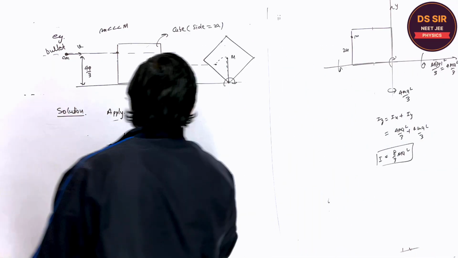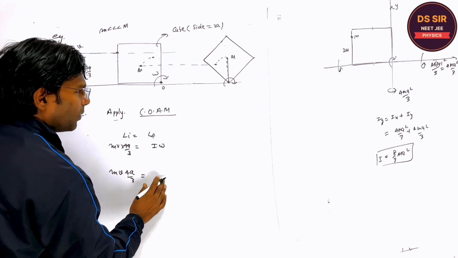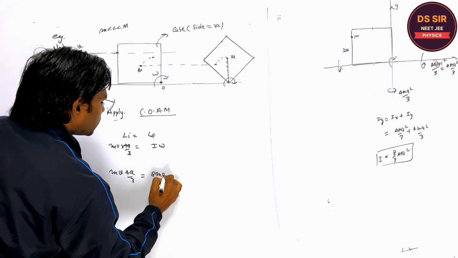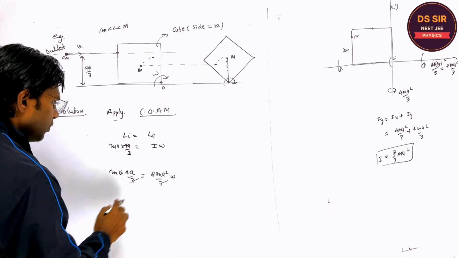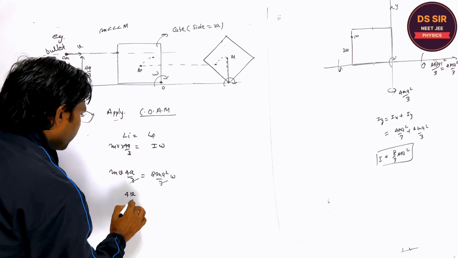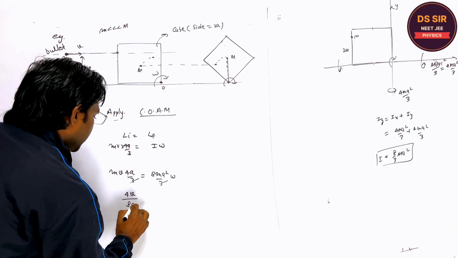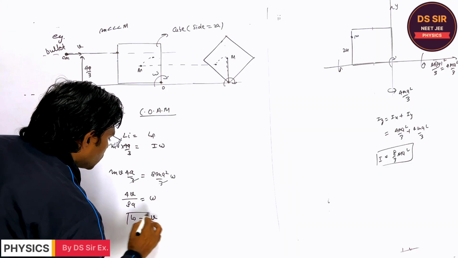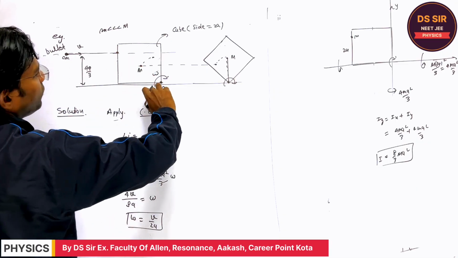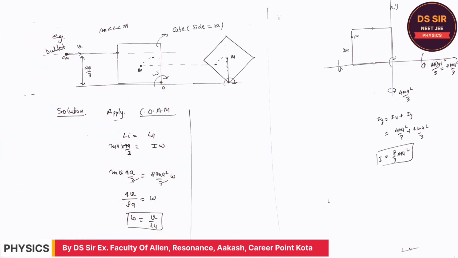So I will put here mv into 4a by 3 equal to the moment of inertia 8Ma square by 3 into omega. The 3 will cancel out, Ma will cancel out, 4v upon 8a. So the angular velocity is v upon 2a. So after hitting, it will start rotating in this way, I omega. Copy this.